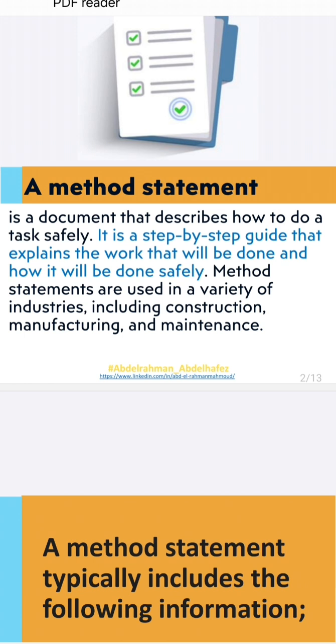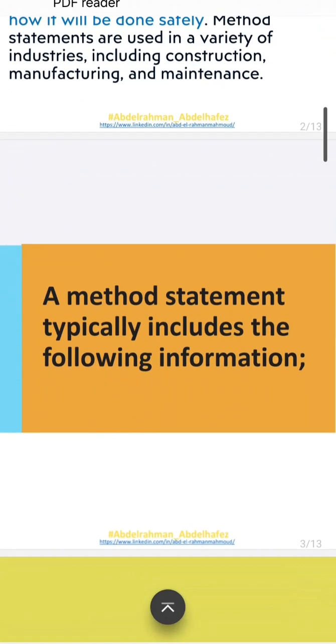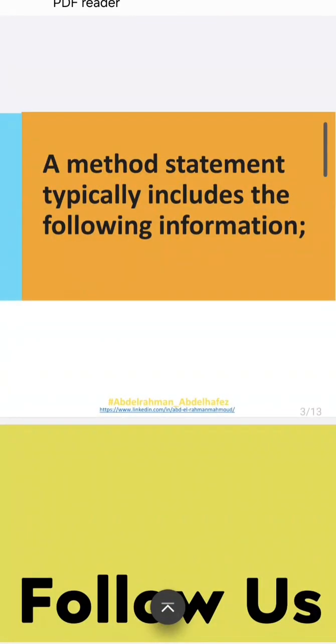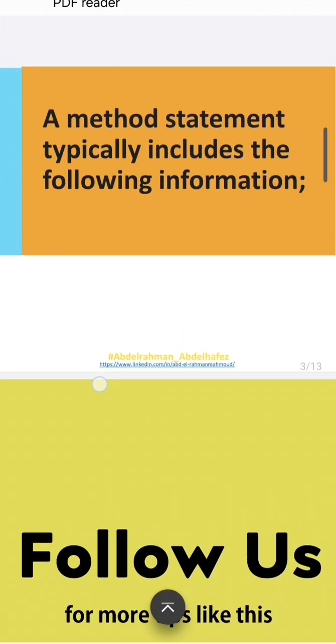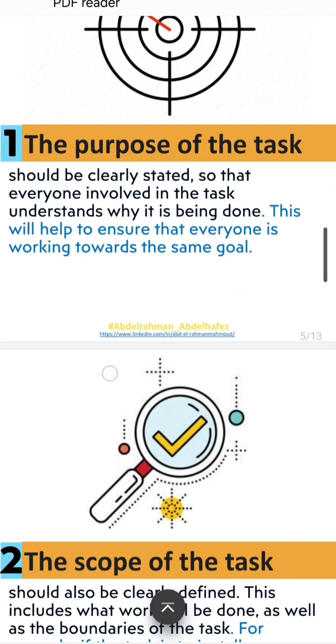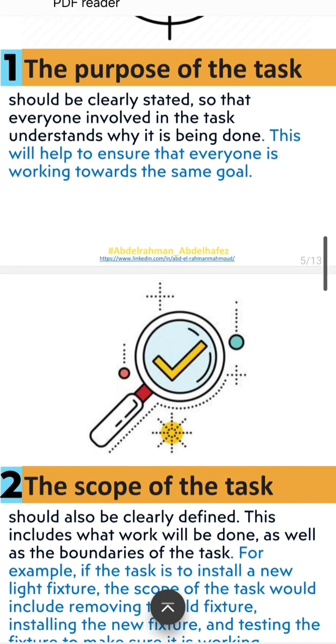Method statements are used in a variety of industries, including construction, manufacturing, and maintenance, as well as in port terminal areas. So, a method statement typically includes the following information. Now we are going to see the information. The purpose of the task.